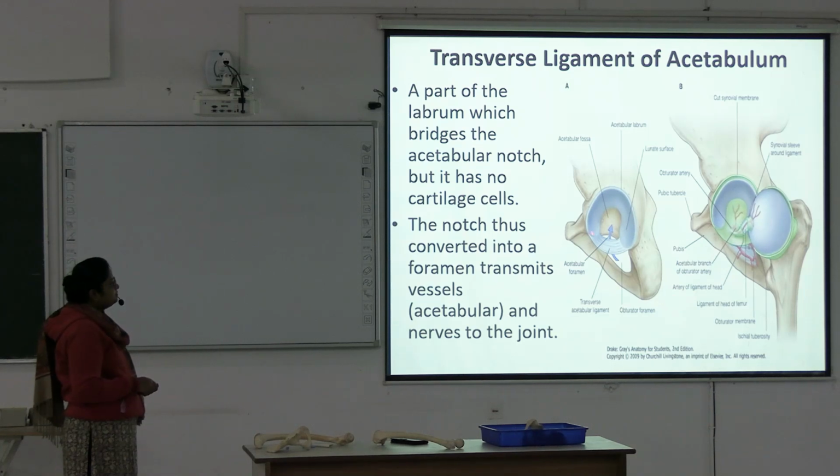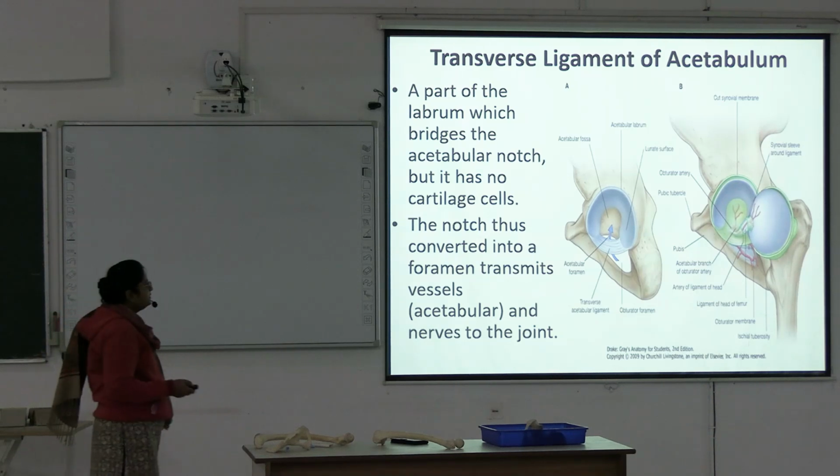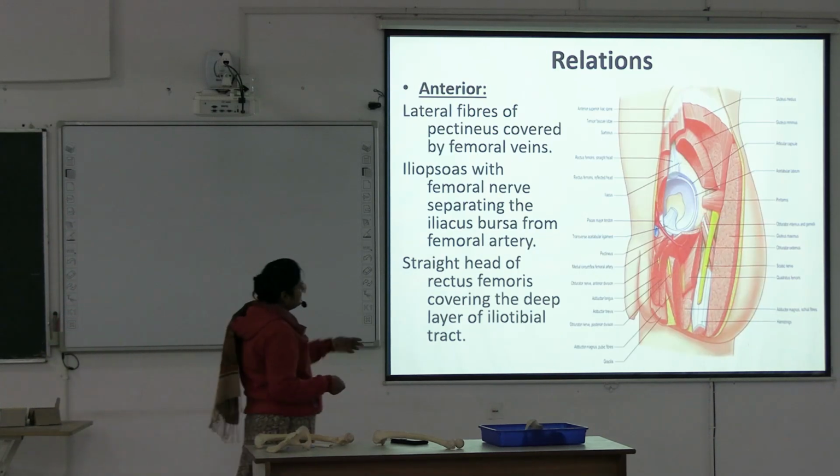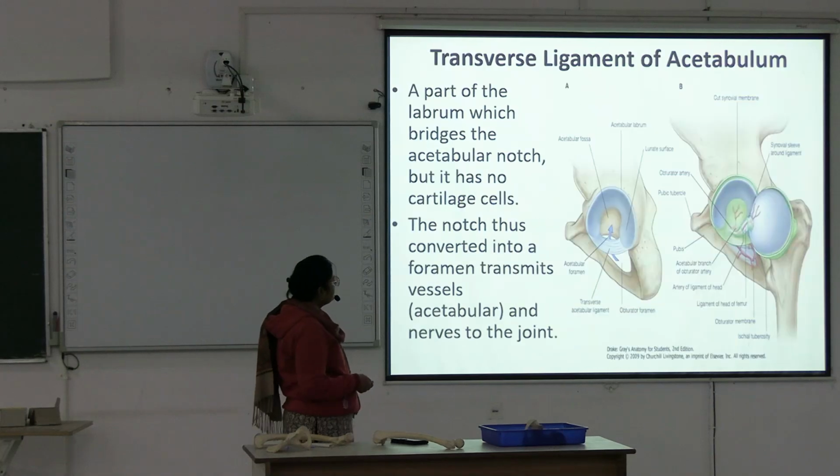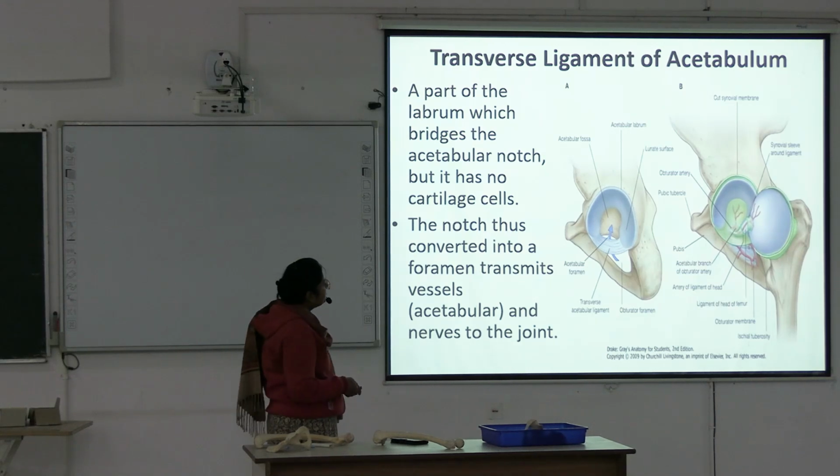Through this opening the acetabular vessels and nerve to the hip joint are transmitted. See here, this is the acetabular ligament with vessels and nerves. They are entering through this opening into the hip joint, supplying the joint.